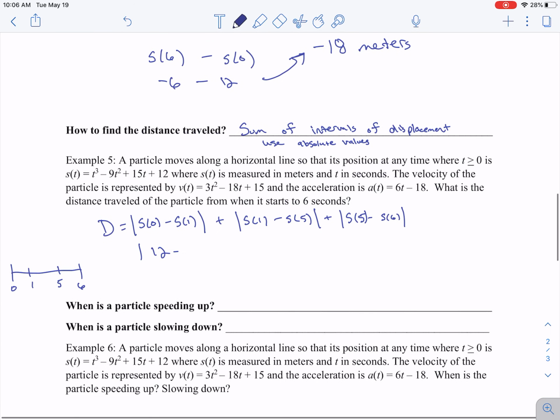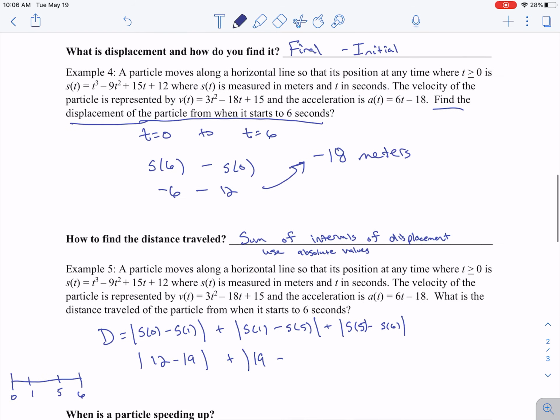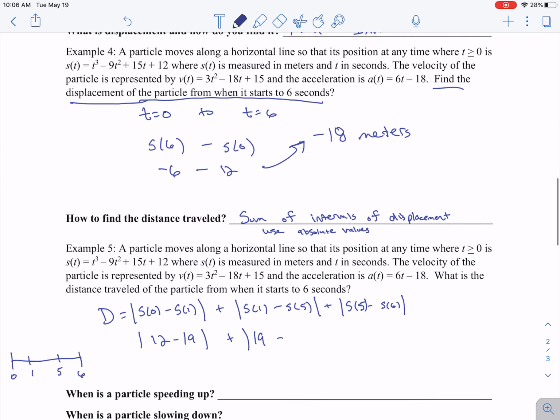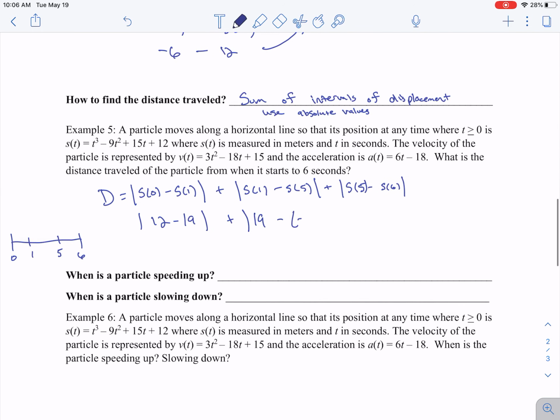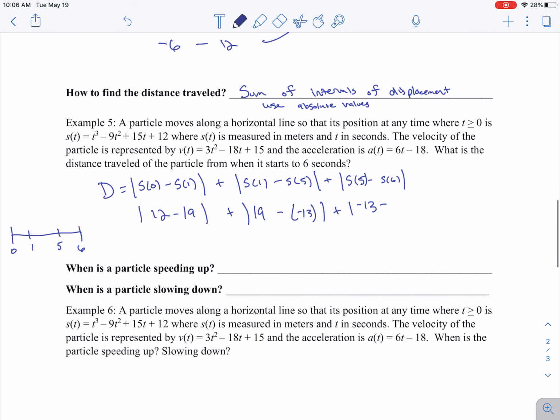Yes. And 1 is 19. Plus 19 minus, and I did 5 already. That's -13. Plus -13 minus 6, which is -6.